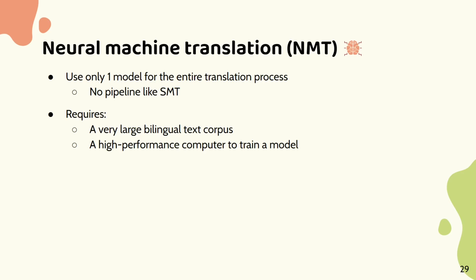So this high-performance computer requirement may not be that necessary anymore. But the size and the variation of the bilingual corpus is still very important here, because training a neural network usually requires a large amount of data.